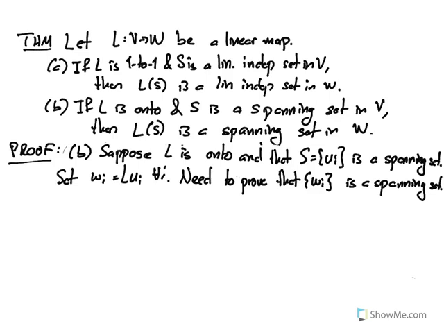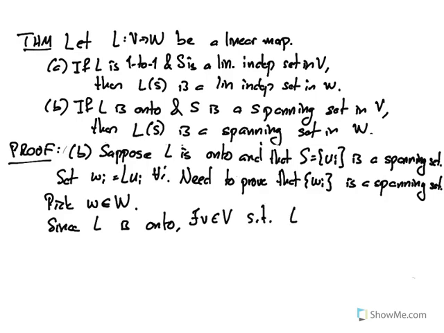This is pretty straightforward. If we pick W in the target space, we need to build a V in the source space that maps onto W. So now we just use one of our assumptions at a time. Since L is onto, I know that there exists a V in the source space such that L of V is equal to W.